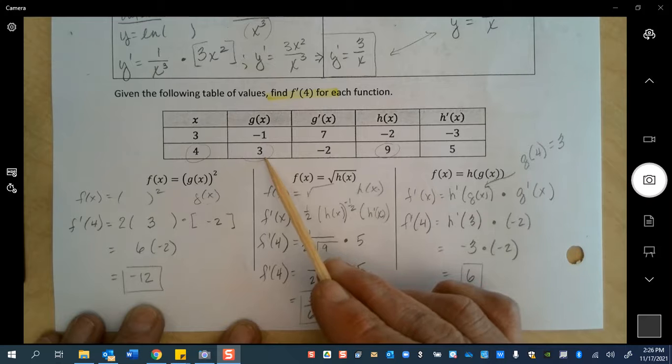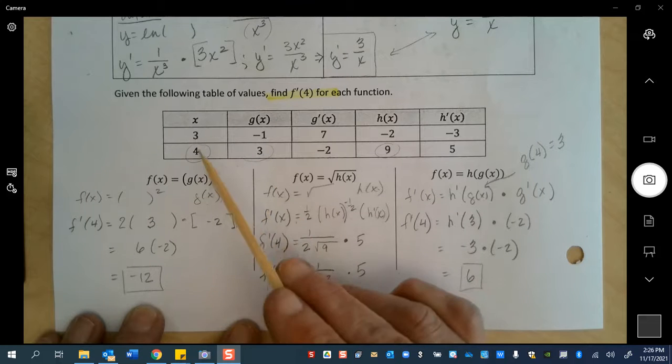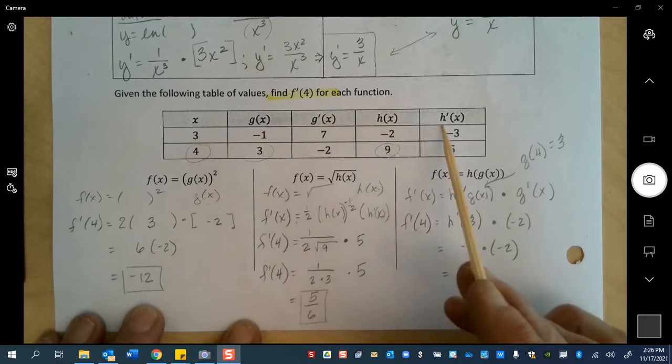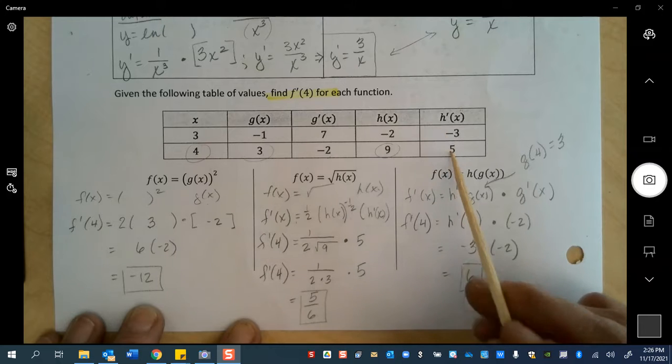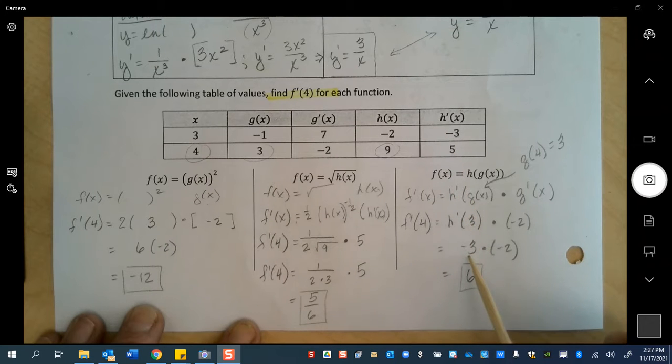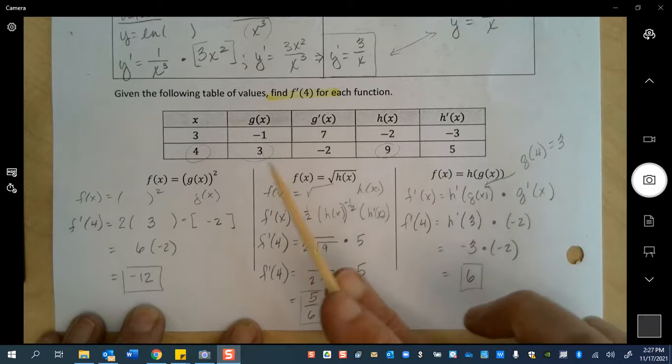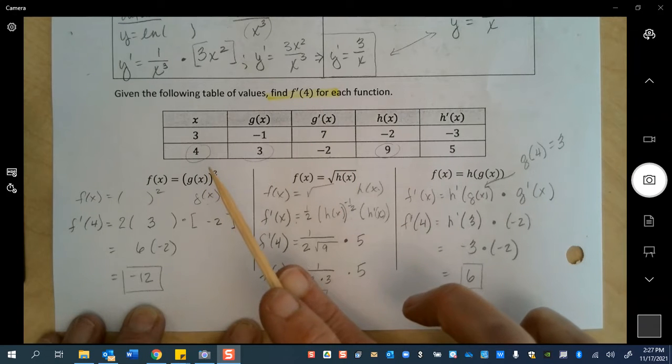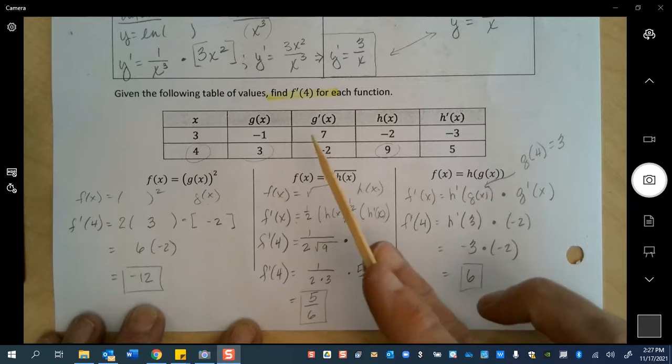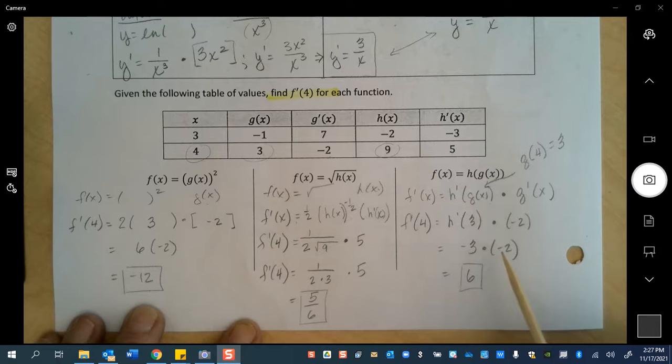So now I need to know what h of 3 is. 3 as an input to h as a derivative gives me negative 3. This is still an input value that I had originally of 4. So I still use 4 for this. 4 goes into g prime and negative 2 comes out. That's why that's negative 2. That's why that's 6.